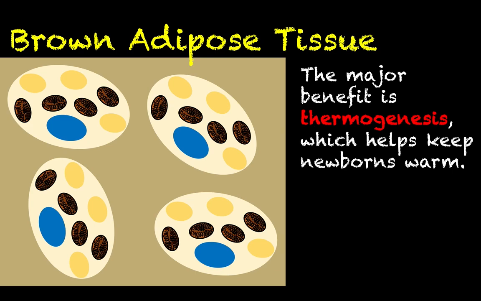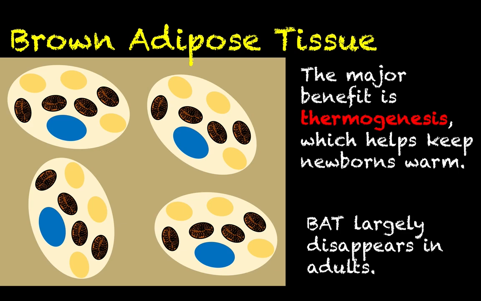So in order to keep babies warm, they have a lot of this brown adipose tissue that is constantly metabolizing a lot of fat that the babies are getting from the breast milk that they're drinking or whatever they happen to be feeding on. So babies need lots of fat to feed this brown adipose tissue for the sake of keeping them warm.